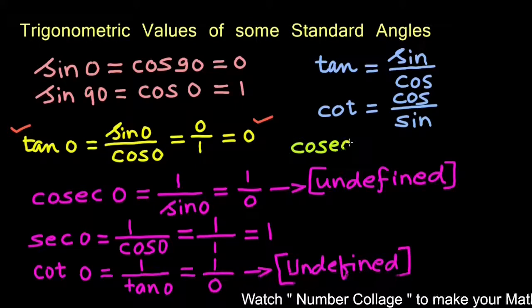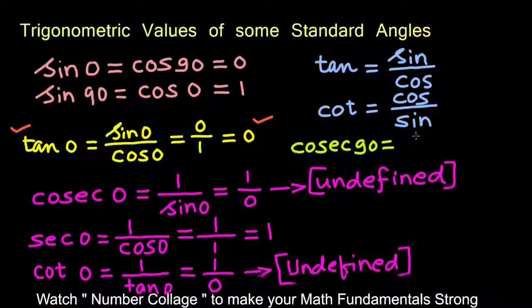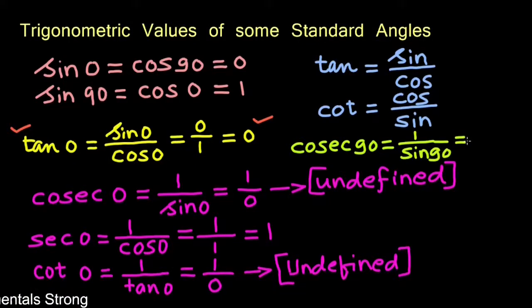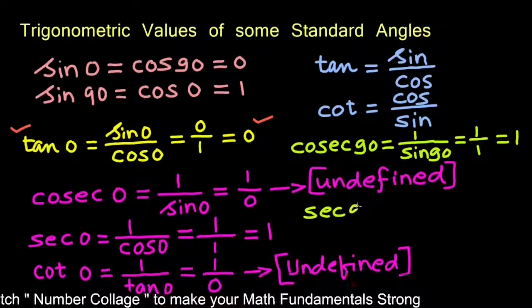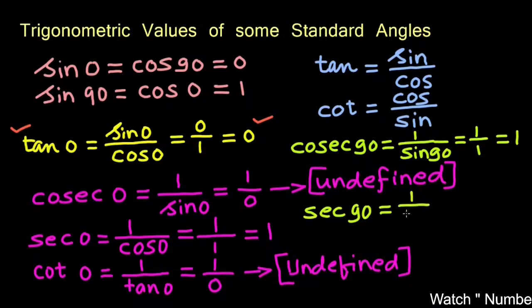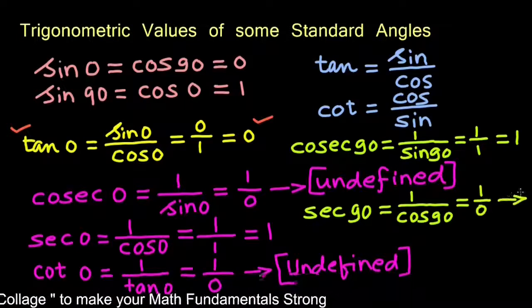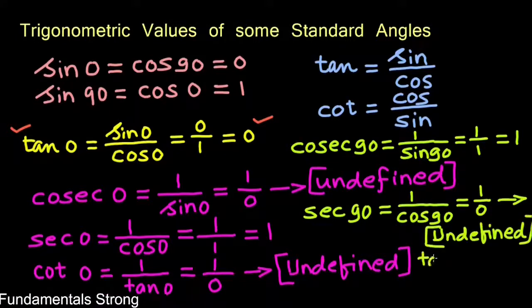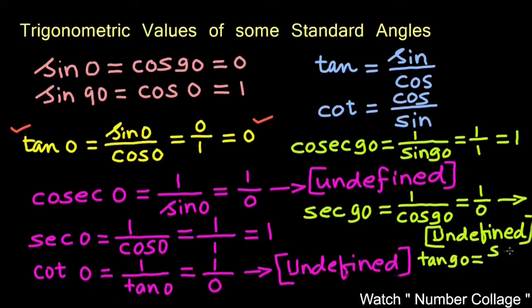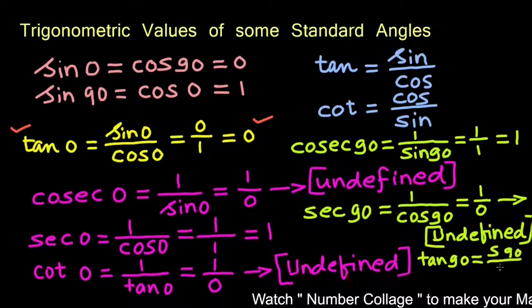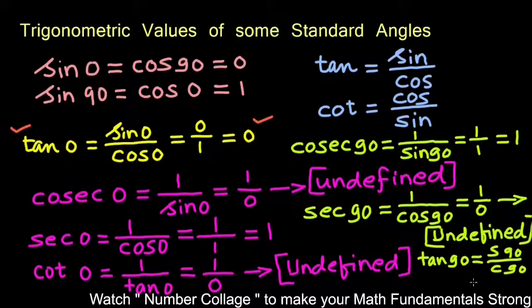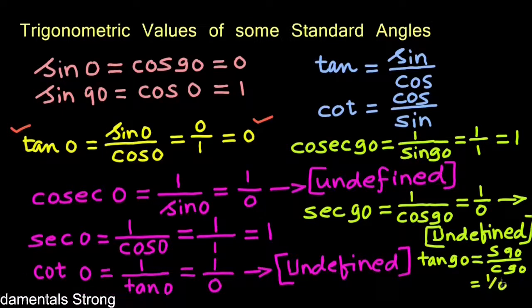Cosec 90 will be 1 upon sin 90, which will be 1 upon 1, that will be 1. Sec 90 will be 1 upon cos 90, which will be 1 upon 0, that will be undefined. Tan 90 will be sin 90 upon cos 90, which will be 1 upon 0, so therefore it will be undefined.